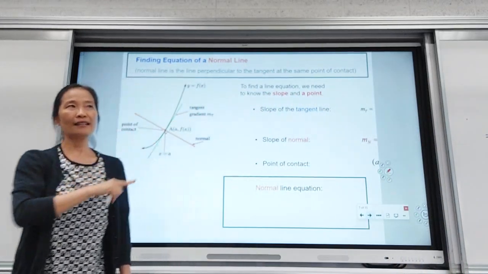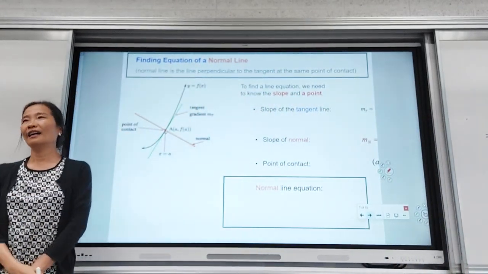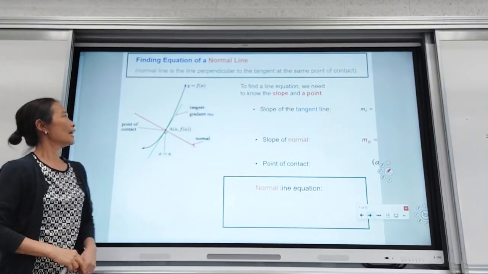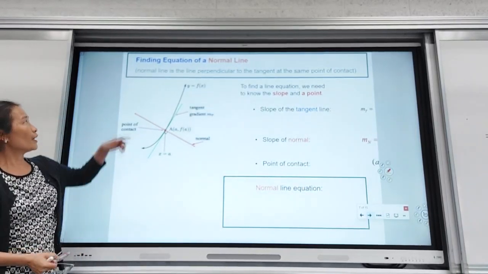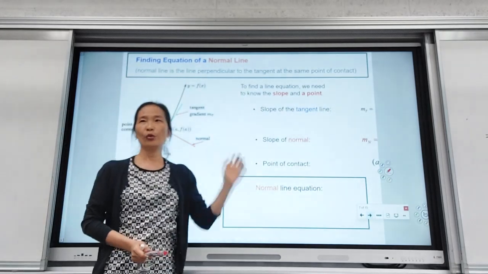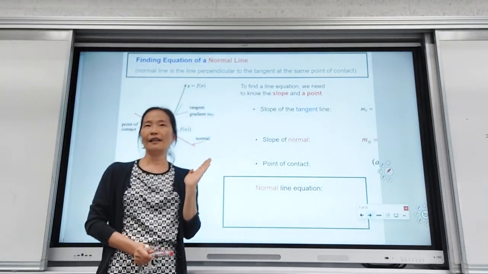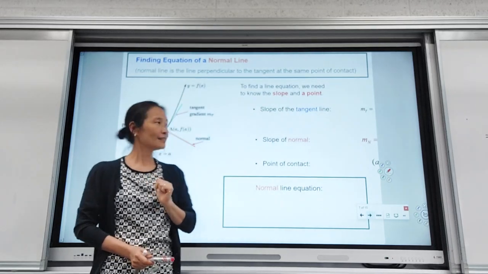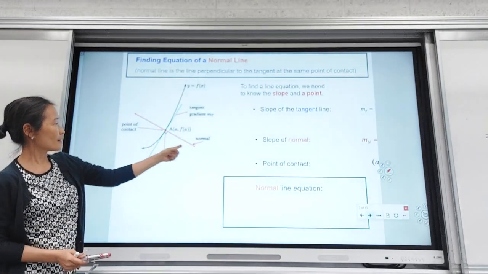The last slide is to find the equation of a tangent line. And here I want to introduce another line. It's called the equation of a normal line. And the definition of the normal line, okay, I sketch it here. See the orange?